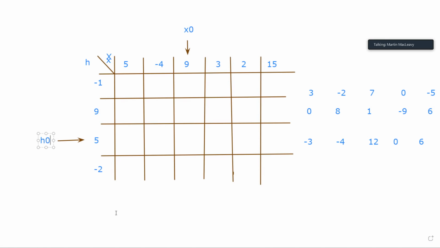Right. Okay. So we've put in our values of h, we put in our values of x. So this is a difficult part now. So we have -5, -5.